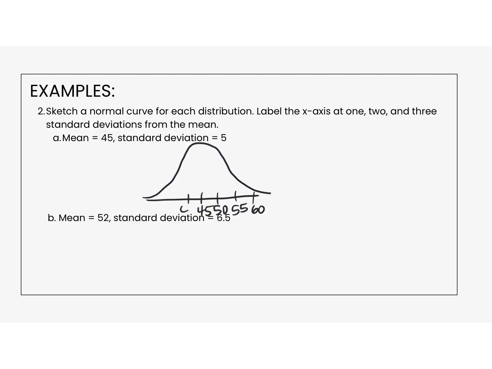And then the other way would be 40, 35, 30. And again, you can draw in your percentages as well because that will help you. So between 40 and 50, that's 34 and 34. I go out to my second standard deviation, that's 13.5, 13.5. Third standard deviation, 2.35, 2.35.